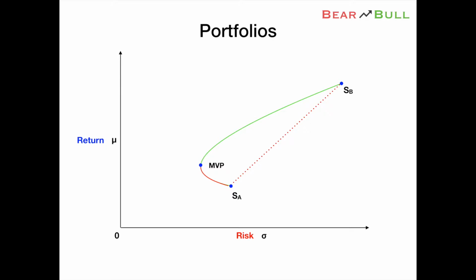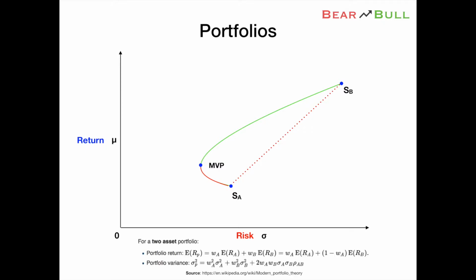And to understand why this is happening, we have to look into the formulas for calculating portfolio return and portfolio variance. So here are the formulas for a two-asset portfolio. In terms of notation, we have WA here representing the weight on asset A and its expected return, and WB representing the weight we put on asset B and its expected return.